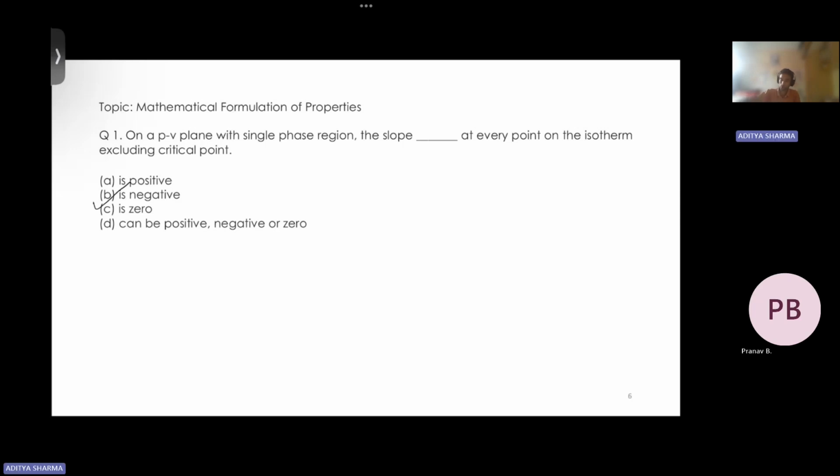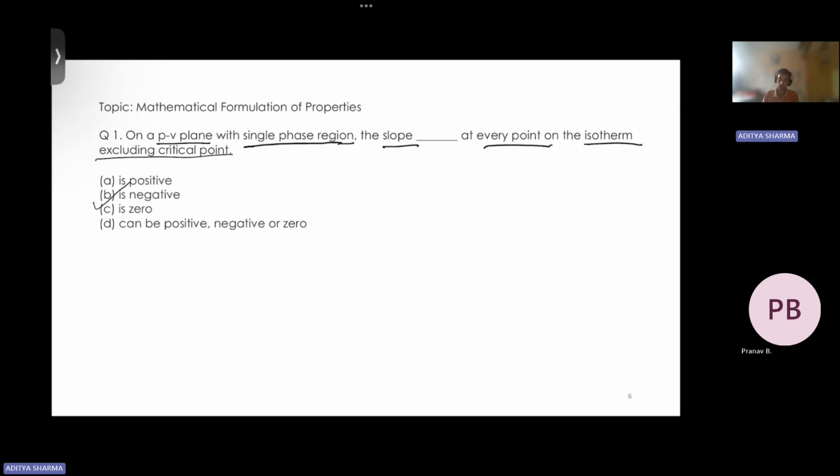So the question asks about PV plane. Then this is single phase region. Then this is slope. Then it talks about every point on the isotherm, and we have to exclude the critical point. Right.